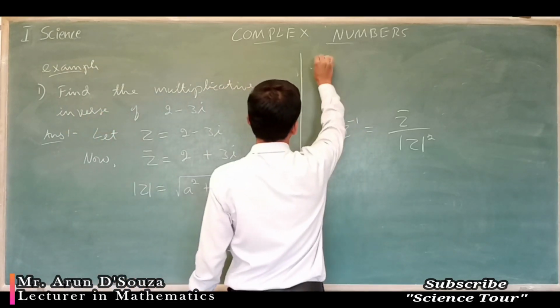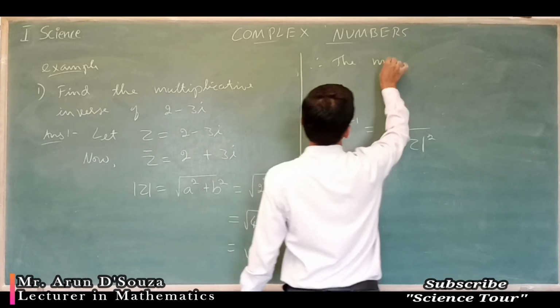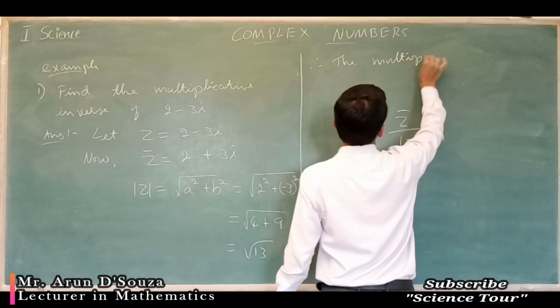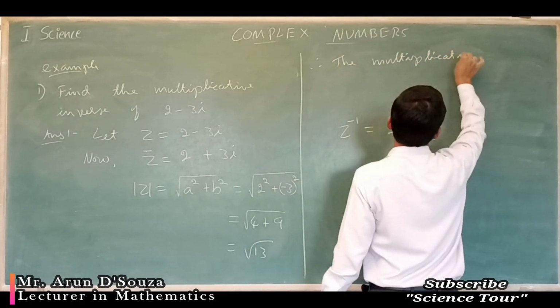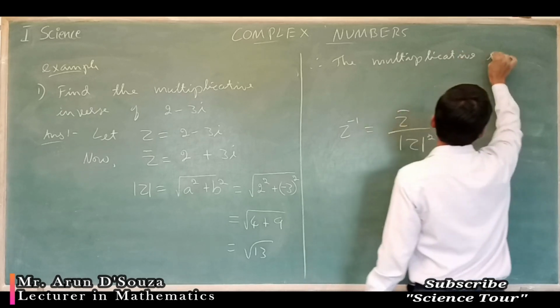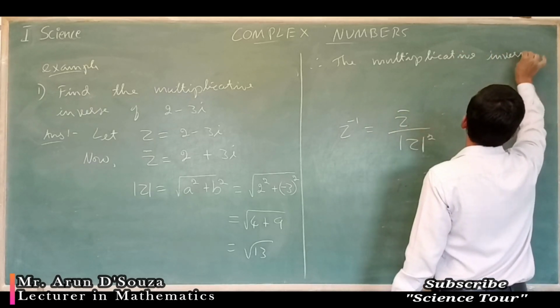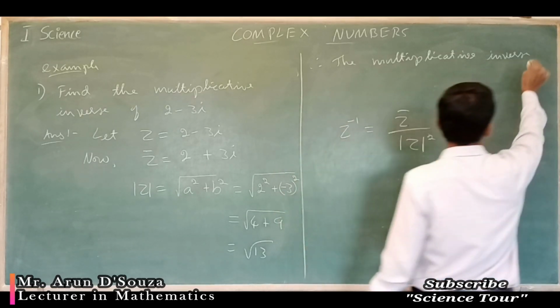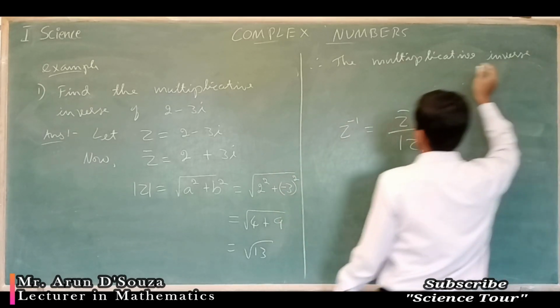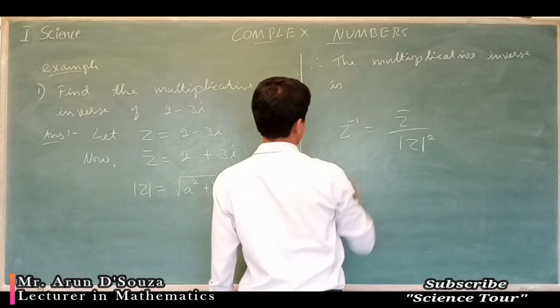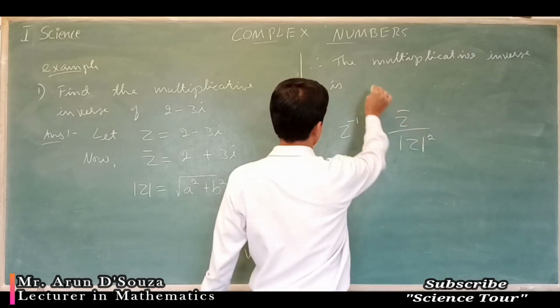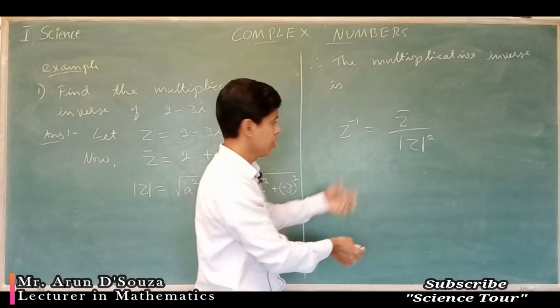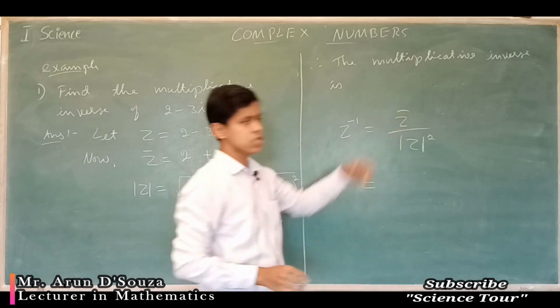Therefore, the multiplicative inverse is this itself, and that is equal to, what is the conjugate?